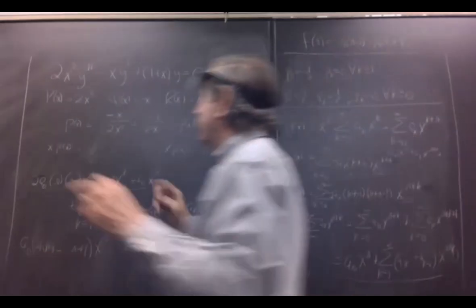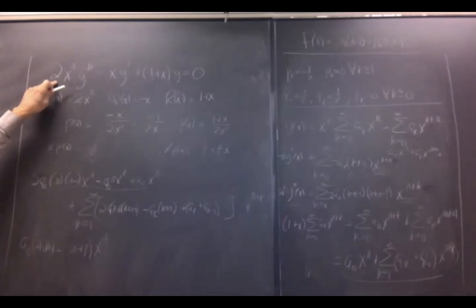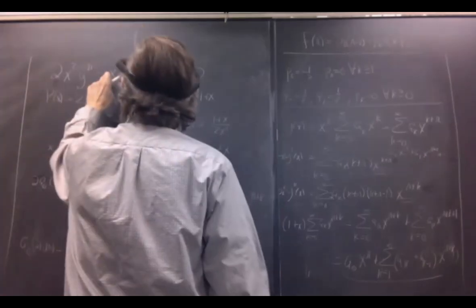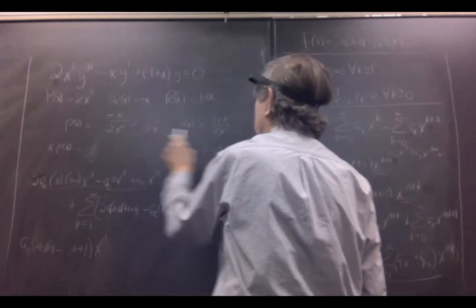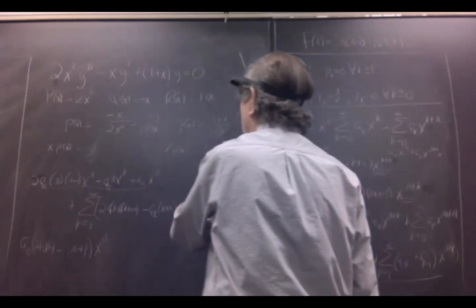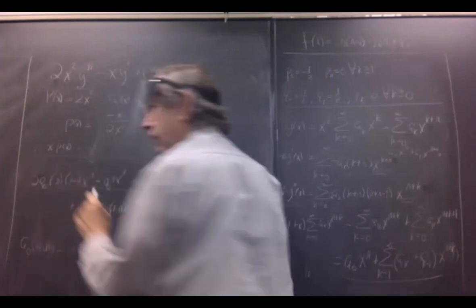But remember, in this particular problem, we started with a 2 here. Okay, and what the book does in general is gets rid of this 2 if it's there. And if you got rid of the 2, that would make an x over 2 here and a 1 plus x over 2 here. Here's the 2 in the denominator when we do this more generally.